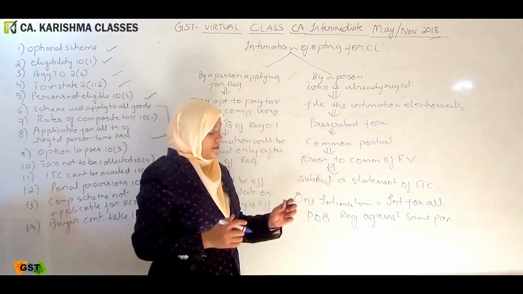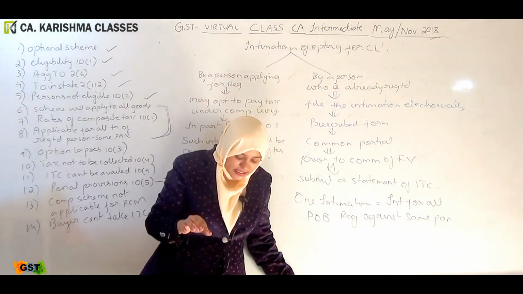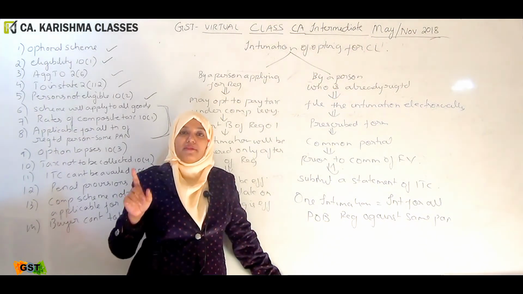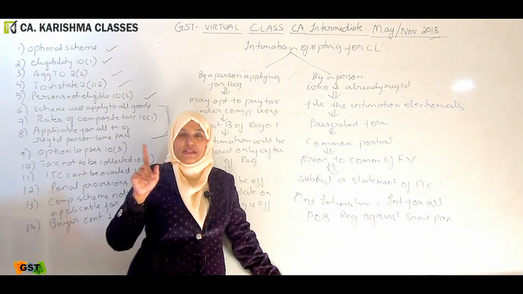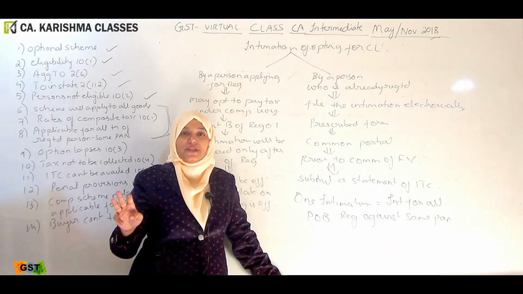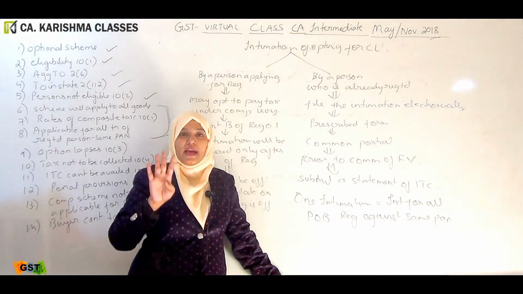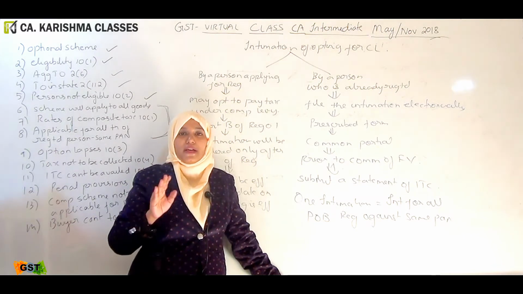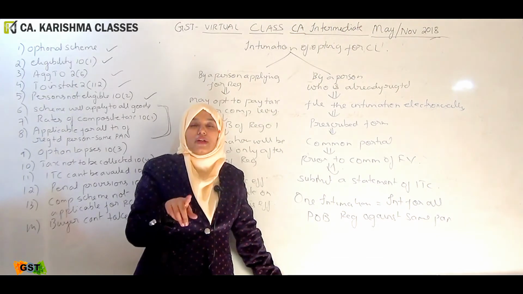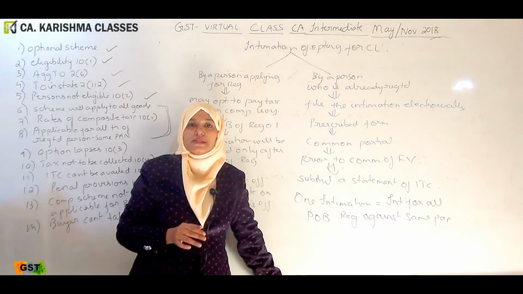So what does this mean? A supplier's turnover is less than 75 lakhs, but he is operating intra-state supply from 4 states. Mobile business in one state, garment business in one state, a shop, a small restaurant. So 4 activities from 4 states. Against his PAN, he has registration in 4 states, 4 places of business. And the overall turnover of all the states has never crossed 75 lakhs. So he is opting for composition scheme.